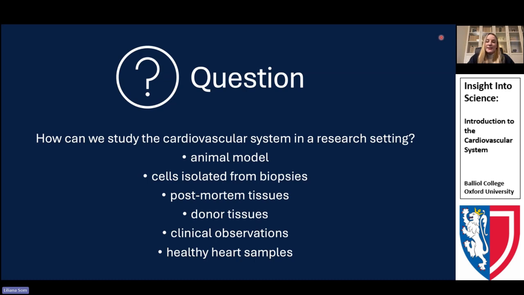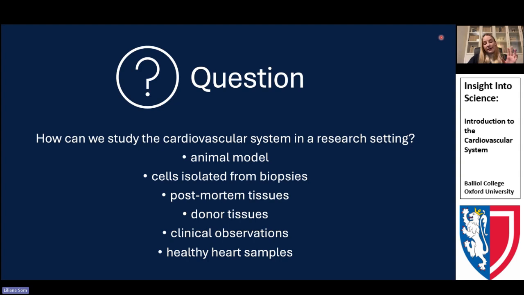Animal models, cells are very commonly used for cell biology. Postmortem tissues are often the most accessible human tissues we can get, donor tissues as well. And clinical observations, imaging, that is very useful and a functional readout.